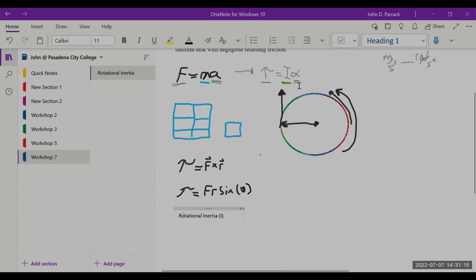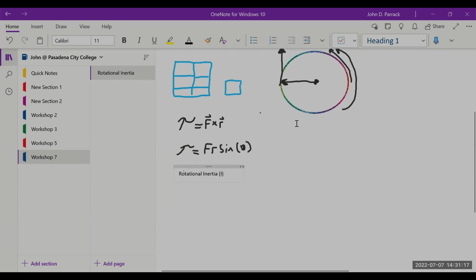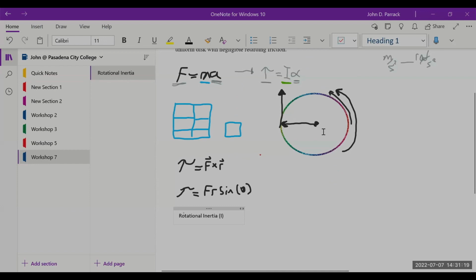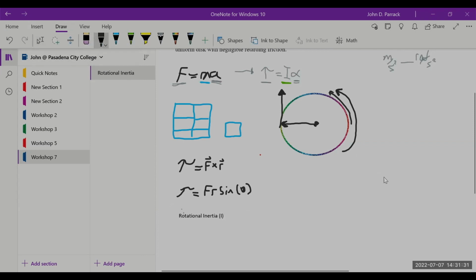But rotational inertia is more complex than just mass. It involves the mass, but it also involves the distance from the rotating axis. You can see this. The common example is usually given as the figure skater. You've maybe seen a figure skater in the Olympics.